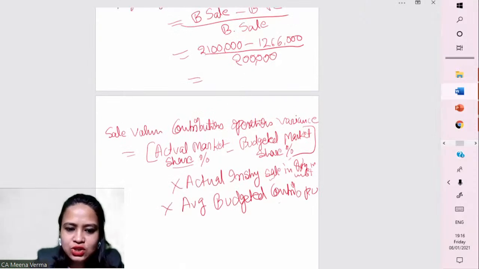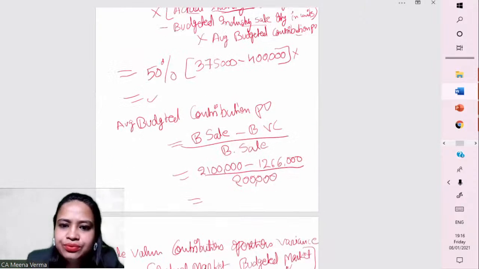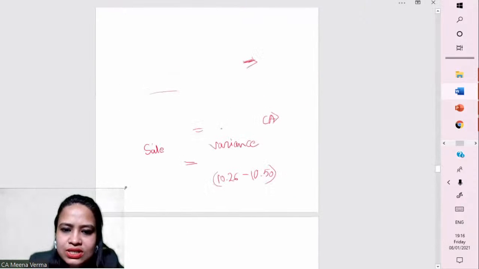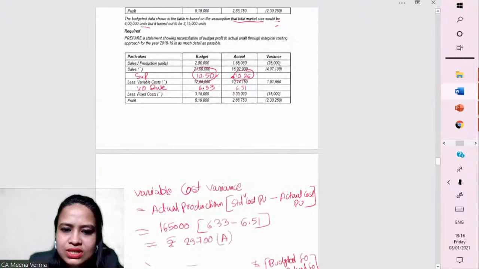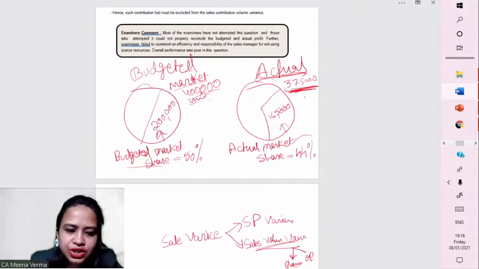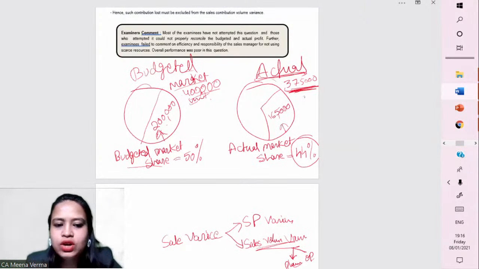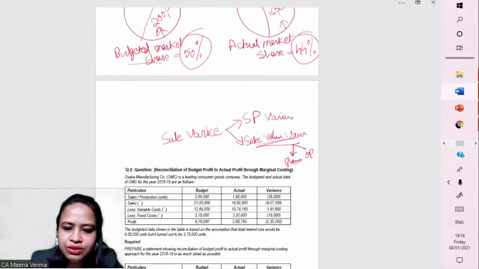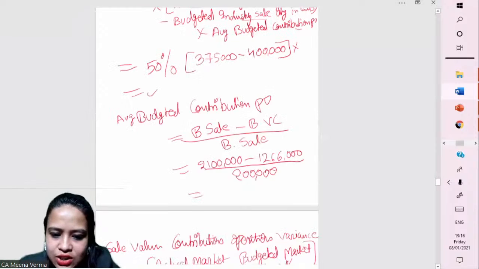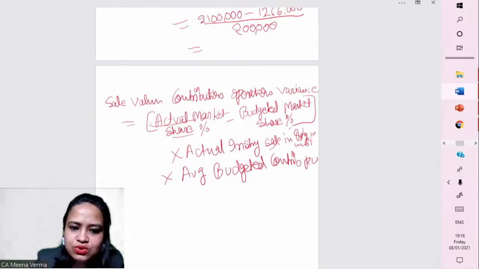What is the actual market share? See, the same question. This percentage is the actual market share. What is the budgeted market share? This is the budgeted market share.